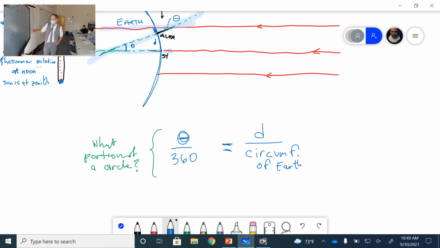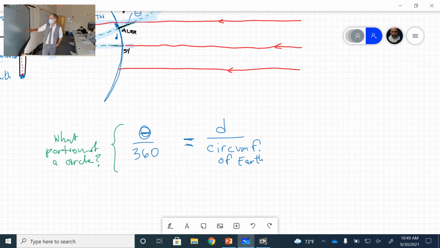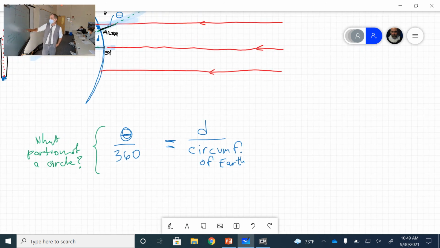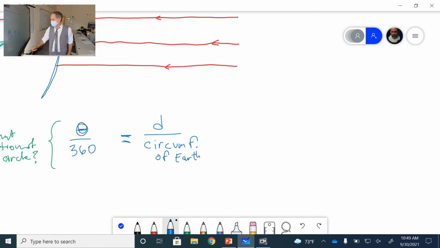Here are Eratosthenes' measurements. I'm going to check my notes. I may not have this exactly right.